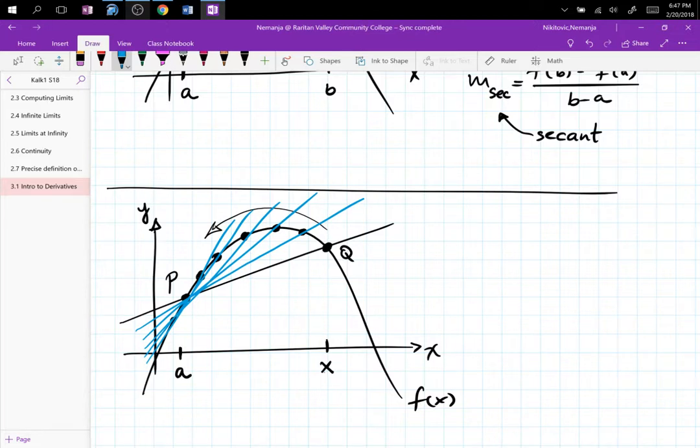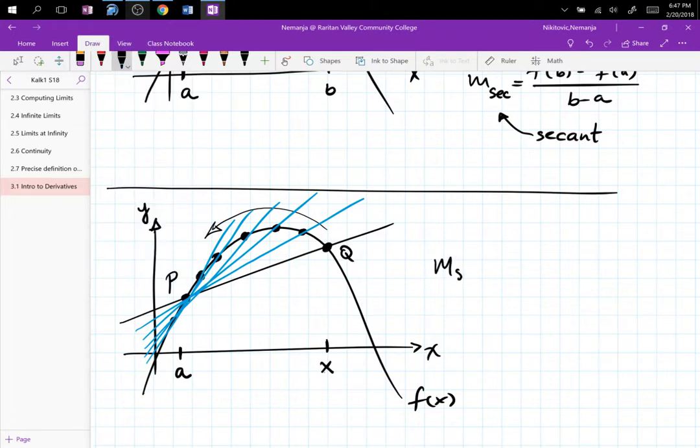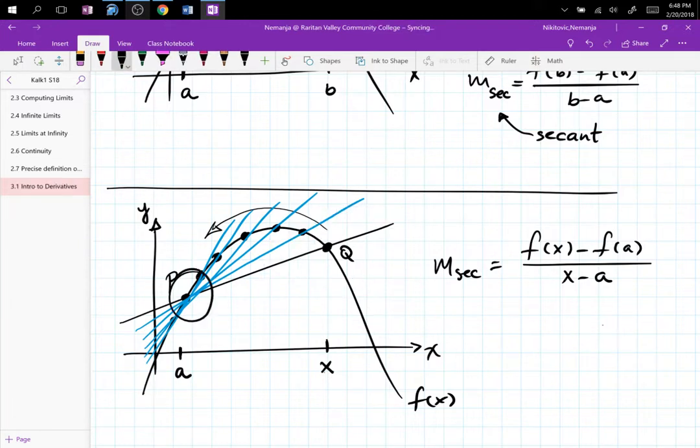Now, what is happening with my calculation for the slope? So m secant is going to be f of x minus f of a divided by x minus a. Right? It is this point, which is like x2, y2, minus the fixed point, which is a, f of a, x1, y1.